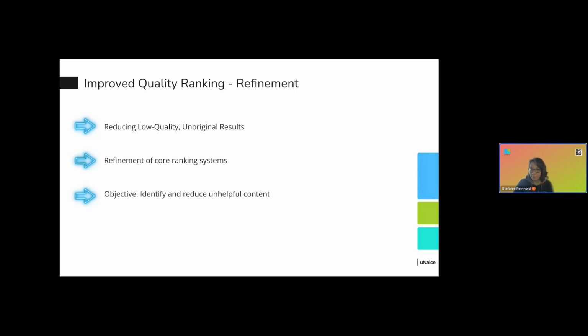Now, the refinements are also part of the enhancements to the core algorithm. Like I said, one of the key objectives of the core update is to reduce the prevalence of low quality content in the search results. So to keep up with that goal, Google has refined the core ranking system further to even better identify and prioritize the content that provides genuine value to the users.